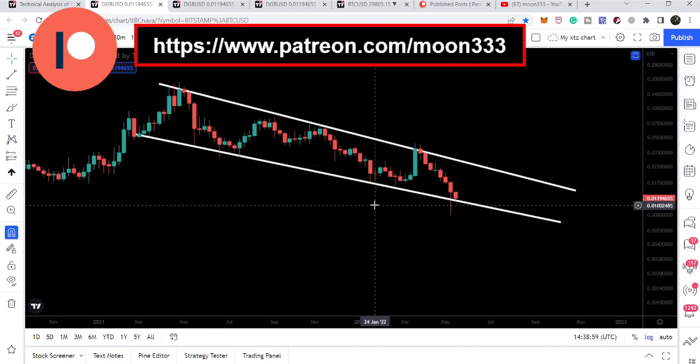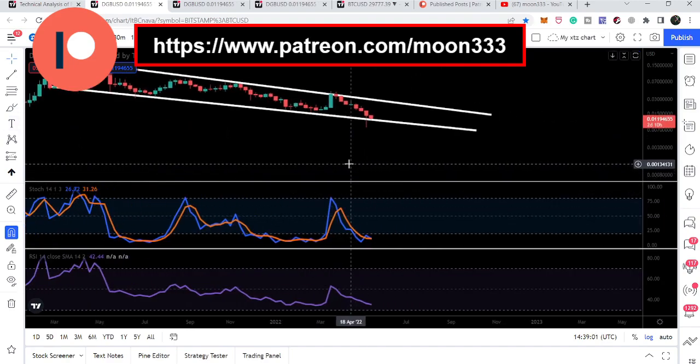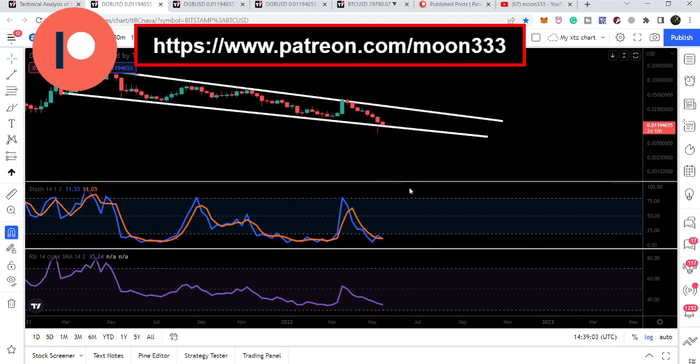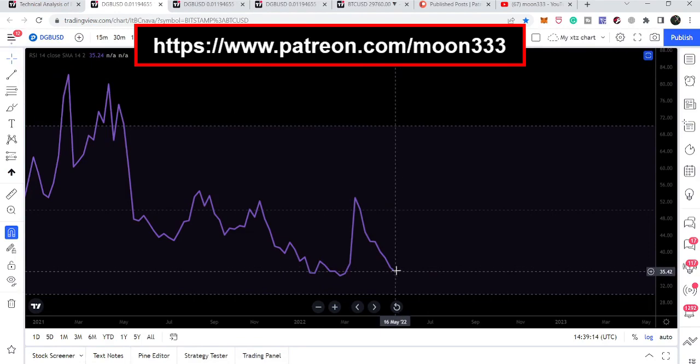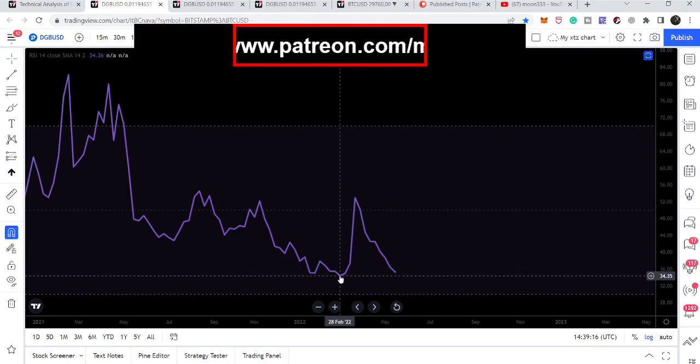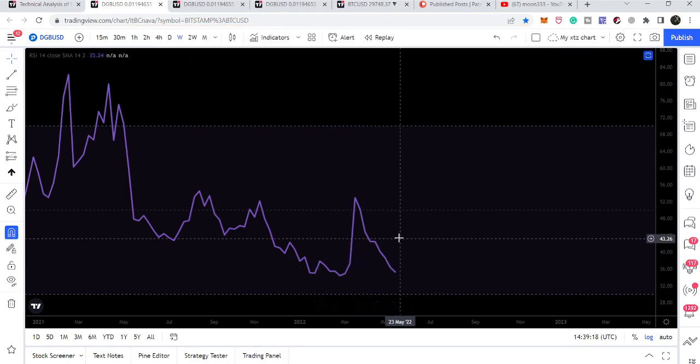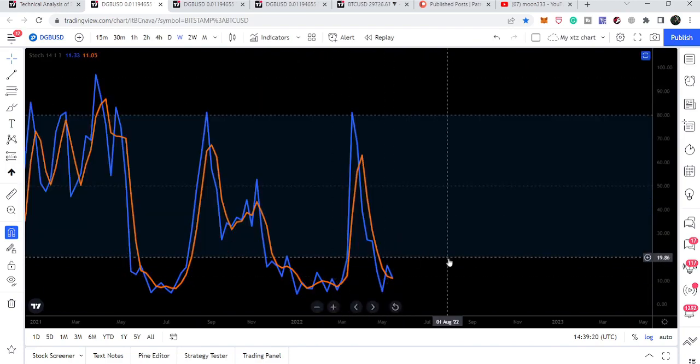Now if we take a look at the stochastic oscillator here, then we can see that stochastic is also showing that DigiByte is oversold. And RSI, if you watch more closely, is not able to form a lower low than the previous low, and it is forming a higher low. Even the stochastic is doing the same.